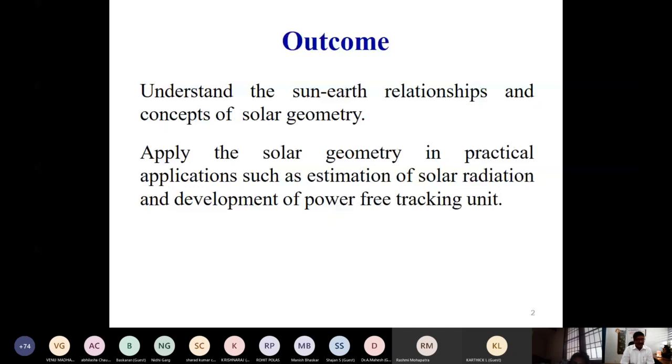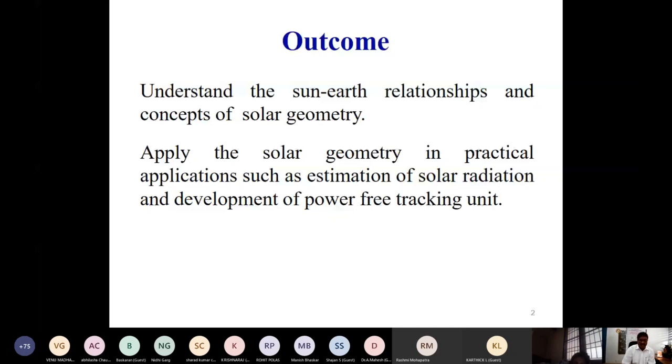For that, information on the availability of solar radiation is required. Later, I will show how to apply solar geometry in practical implementation, such as estimation of solar radiation and development of the power-free tracking system, which is today's example.